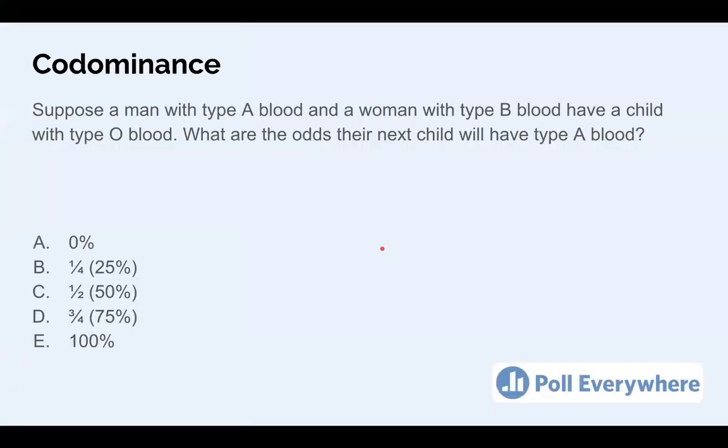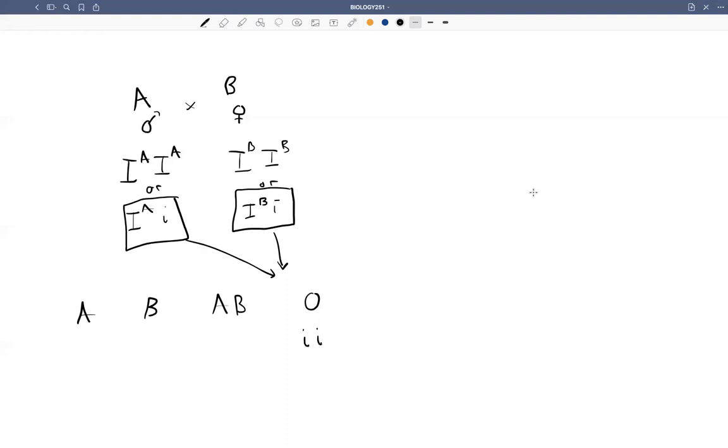That's the rest of the question here. What are the odds their next child will have type A blood? So we turn that into a Punnett square. Dad's got big IA and little i.